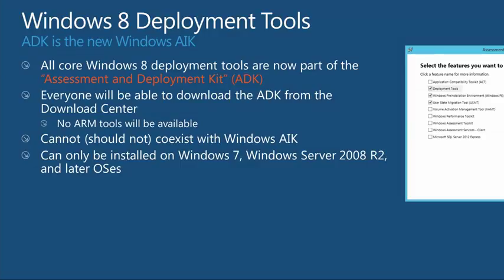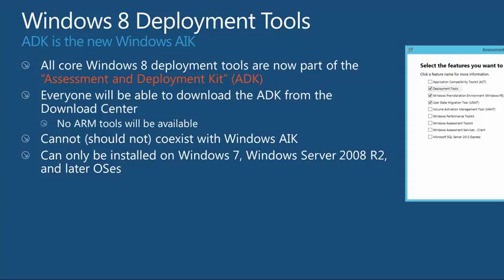You shouldn't install the ADK on the same machine as Windows AIK. They don't work very well together, so use one or the other. The ADK can install on Windows 7 or Server 2008 R2 or above. So if you have older OSs that you're using for Config Manager or MDT, you need to work on upgrading those so that you can get to an OS where it's supported to install the ADK tools.